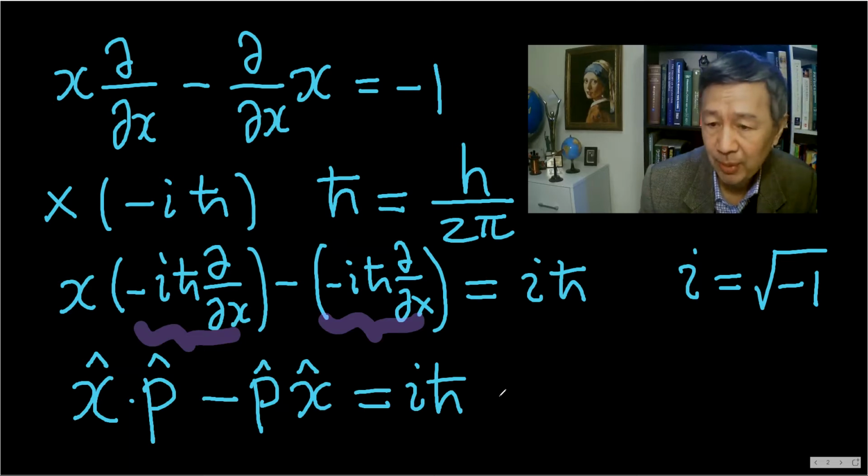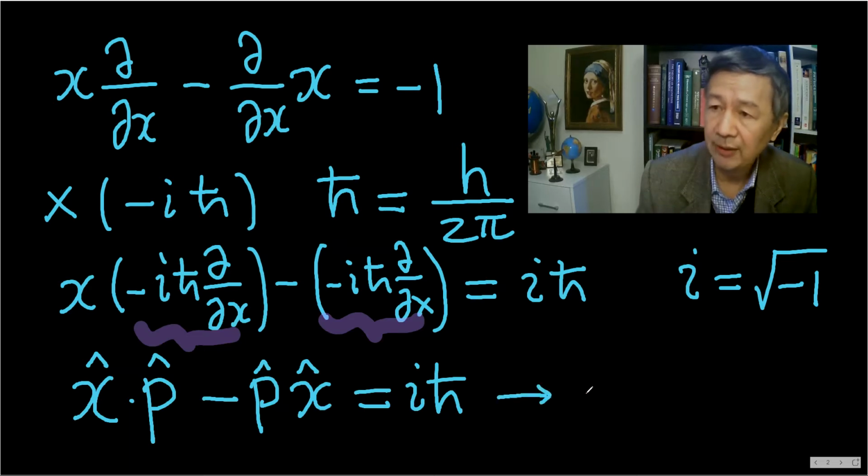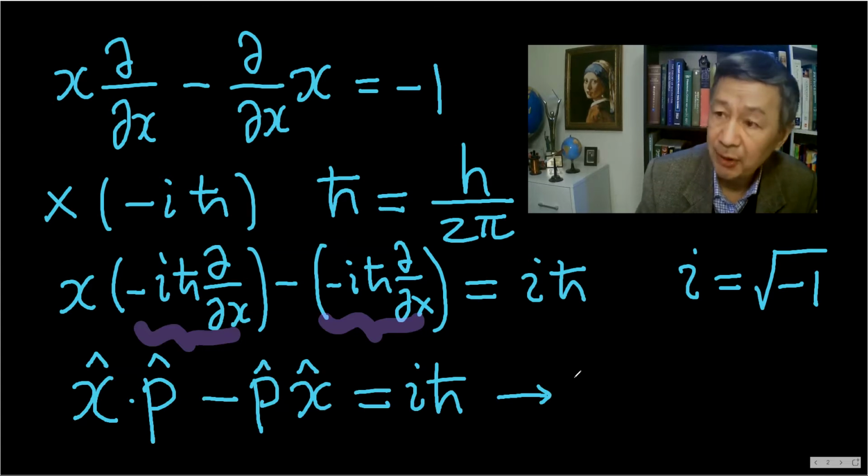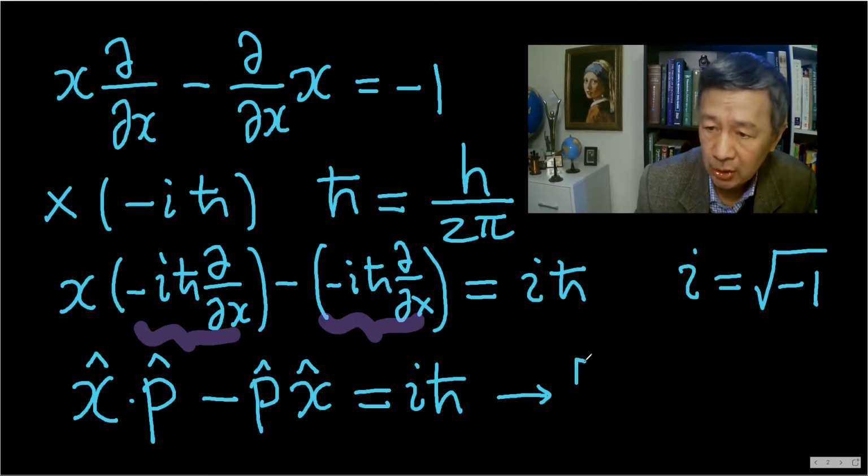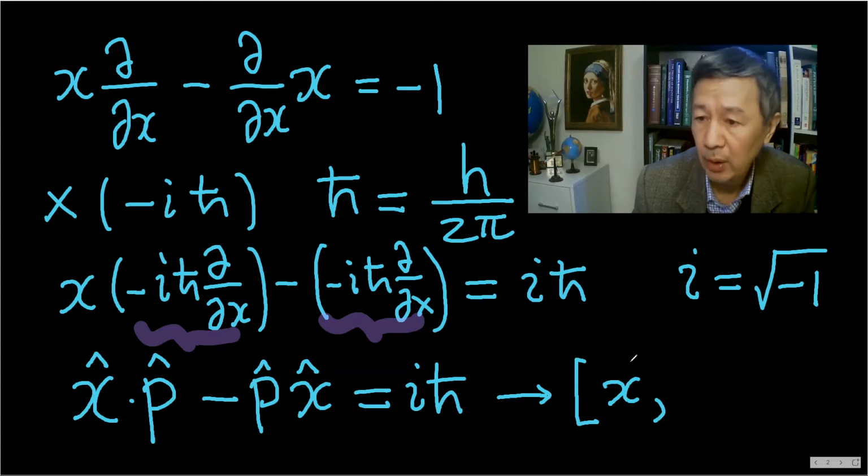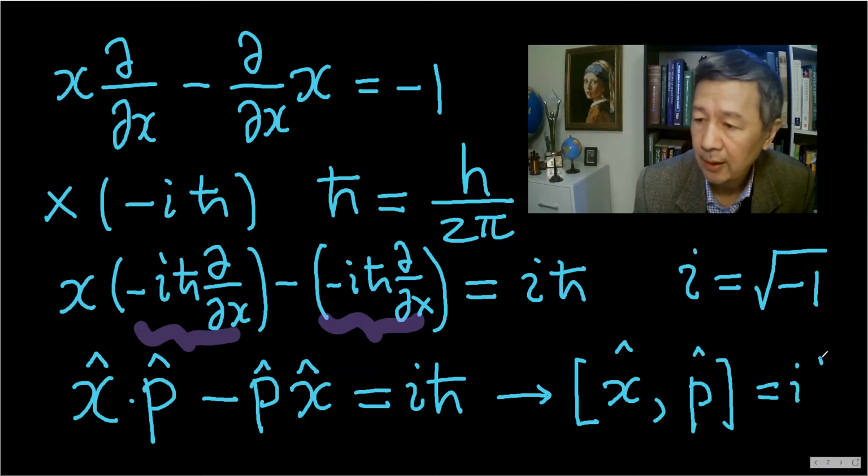In short, Dirac borrowed the idea from classical analytical mechanics, namely Hamiltonian mechanics or the Poisson bracket. He used this simplified notation to represent the commutative relation in quantum mechanics, equal to i h bar.